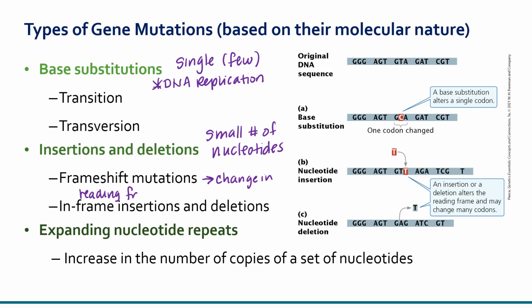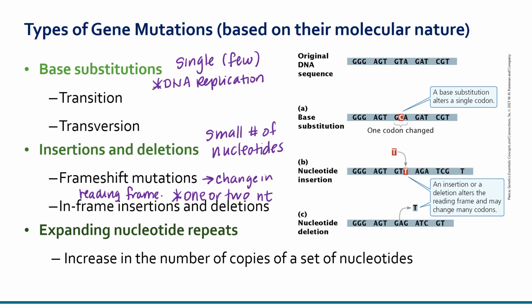We talked about reading frame in chapter 11. This is the triplet set that we read based on our messenger RNA. Remember, these are non-skipping, non-overlapping triplets. So we set our reading frame based on the very first AUG. If we insert or delete something, that is going to shift our reading, shift our triplets, and change our amino acids. This happens when we insert or delete one or two nucleotides.